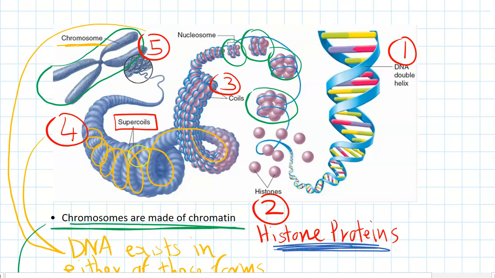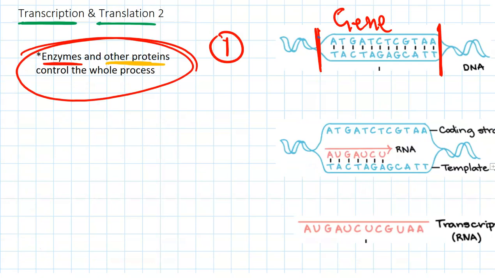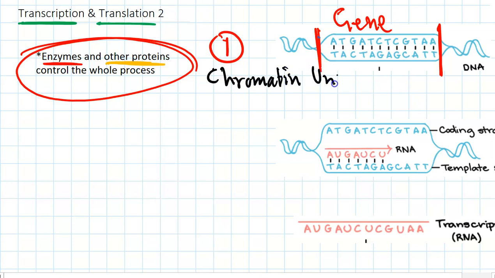All these supercoils of the chromatin have to unravel a bit until they expose the DNA strand where the gene is. And again, that's controlled by proteins. So the first stage is the chromatin unwinds.